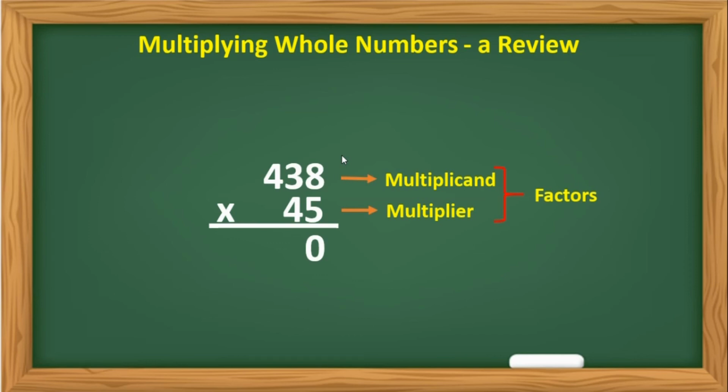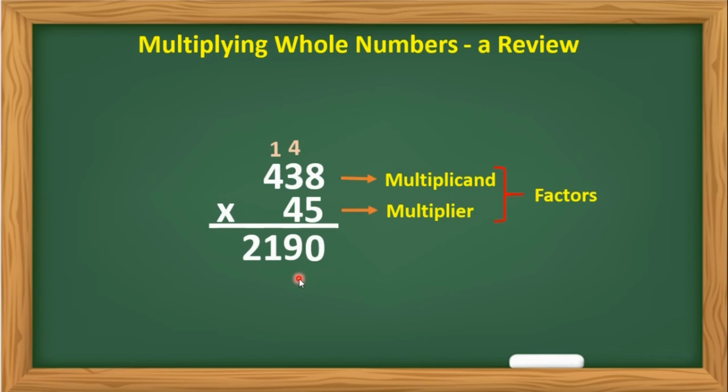Bring down 0, carry 4. 5 times 3 is 15, plus 4 is 19. Bring down 9 and carry 1. 5 times 4 is 20, plus 1 is 21. So we write 21. 2,190 is our partial product.